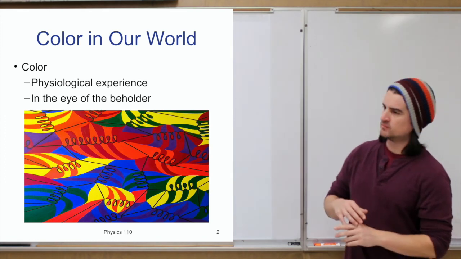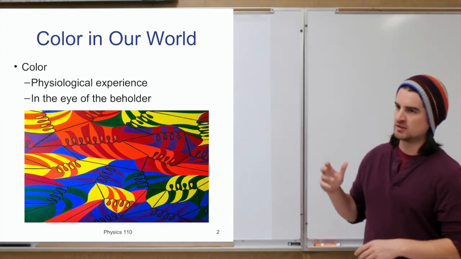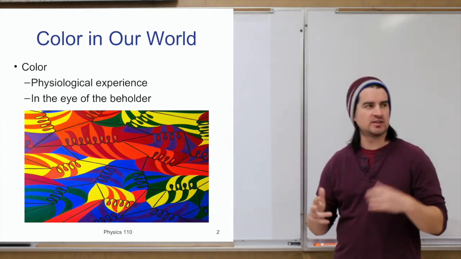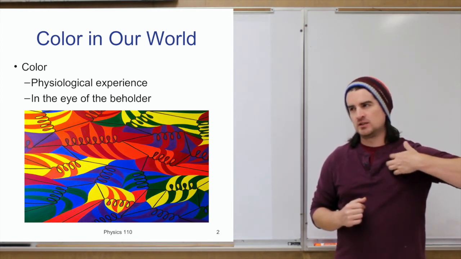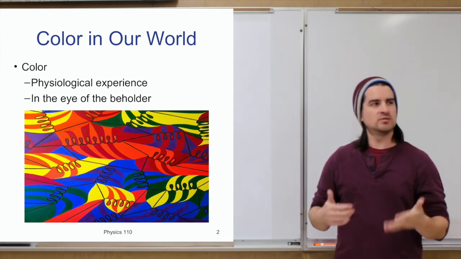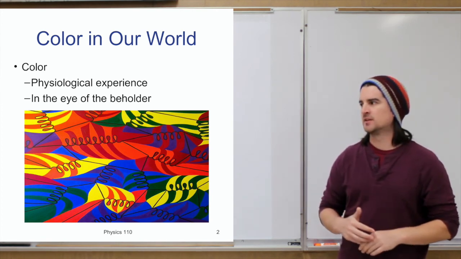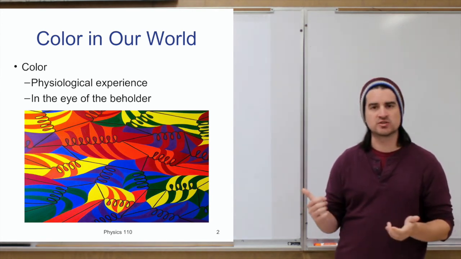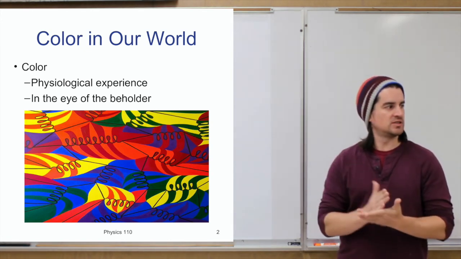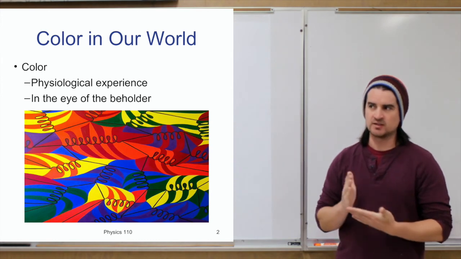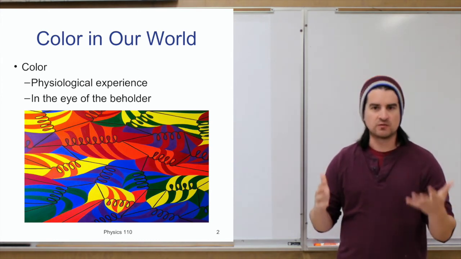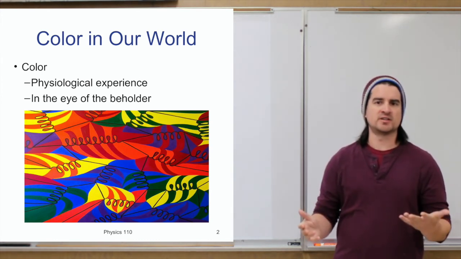It turns out that seeing color, the experience of it, is very complicated and can be looked at in a number of different ways. So in this lecture, I'm going to be telling you about color in terms of its physical properties, that being specific wavelengths of electromagnetic radiation.